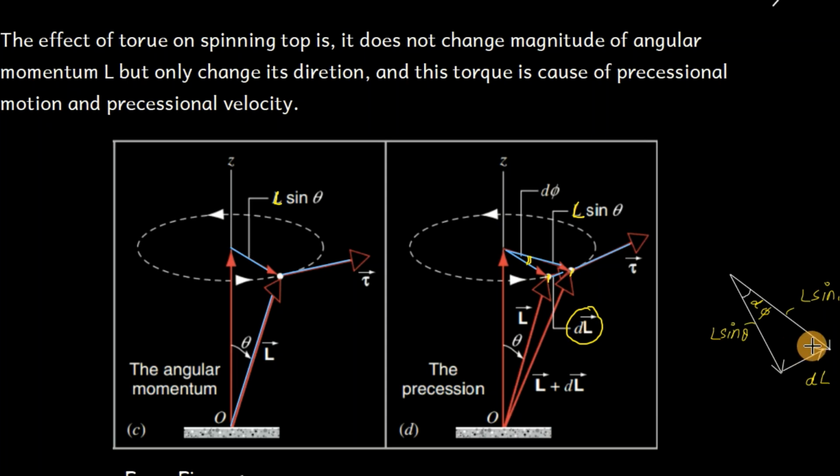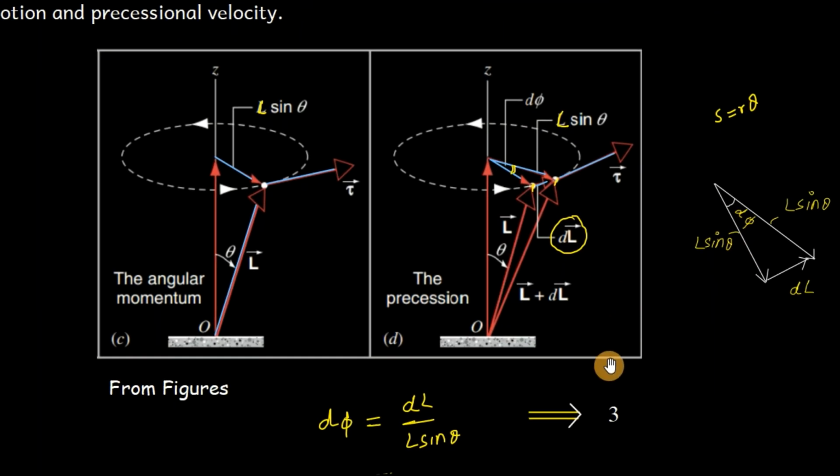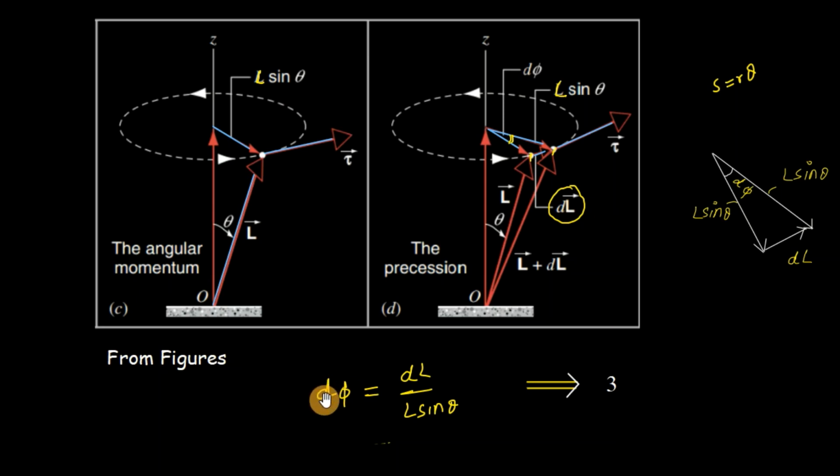Yeah, we know that from elementary vectors, arc length is equal to r theta. So if we place this triangle here, this is L sin theta, this is L sin theta, this is dL and this is d phi. So we obtain the angular displacement d phi equal to dL divided by L sin theta, by using this relation, arc equal to r theta, for this triangle.